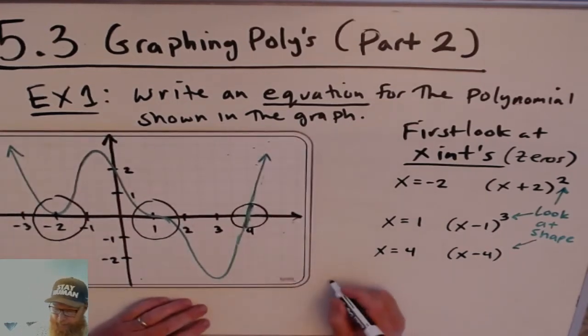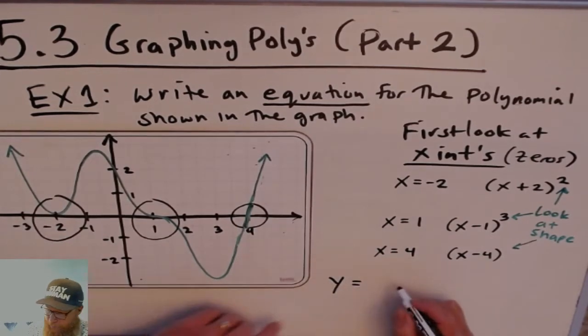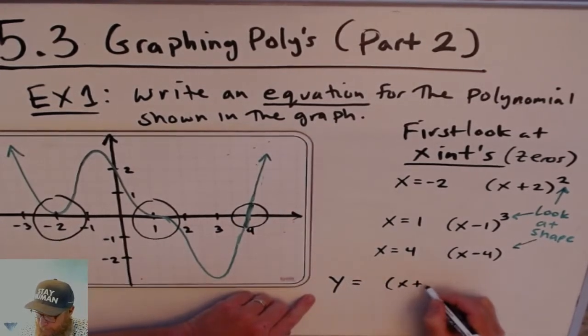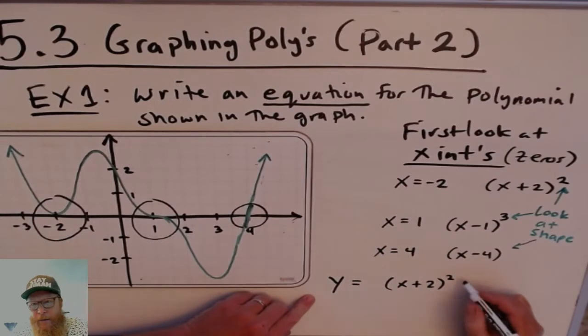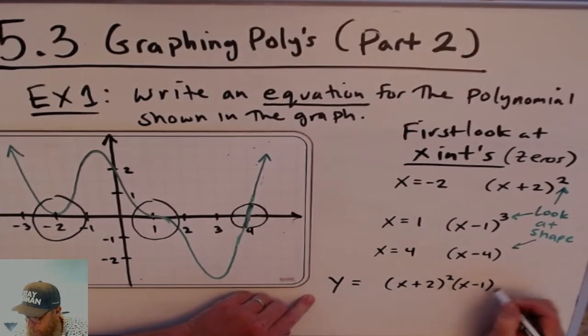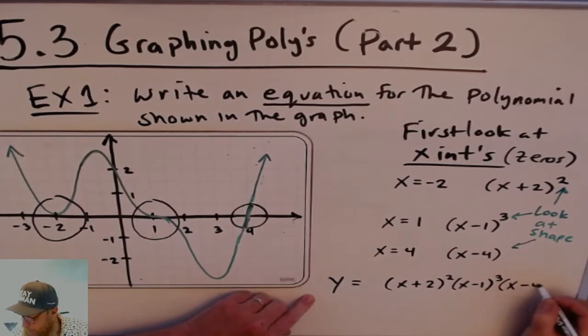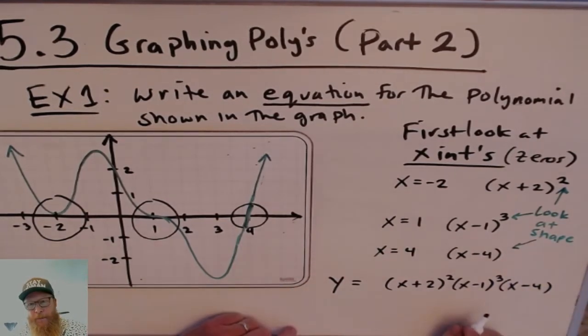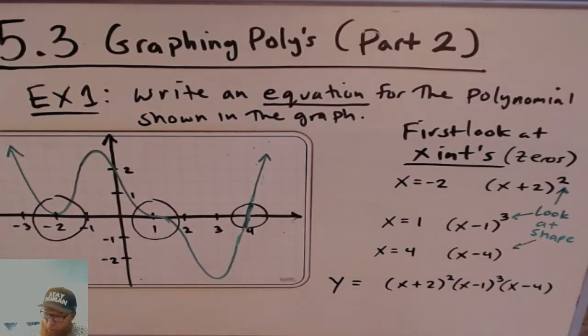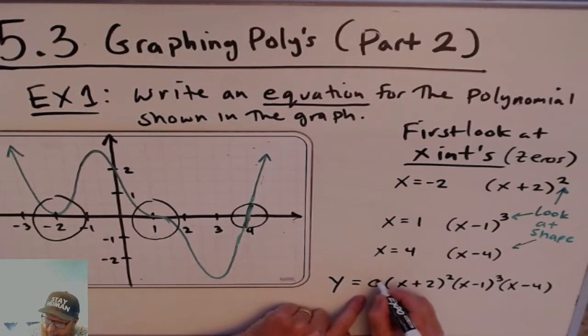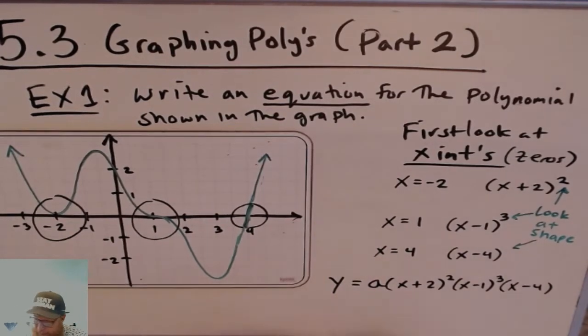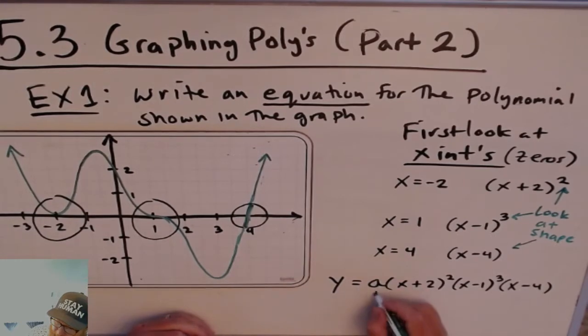OK, so we're going to then write an equation: y equals x plus 2 squared, x minus 1 cubed, and x minus 4. And then we don't know what the leading coefficient is. The leading coefficient is unknown.